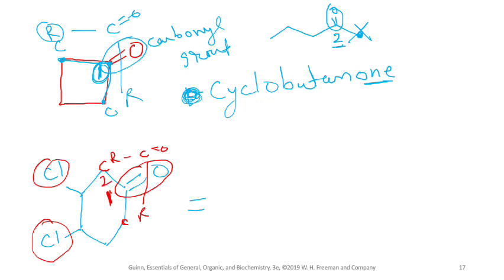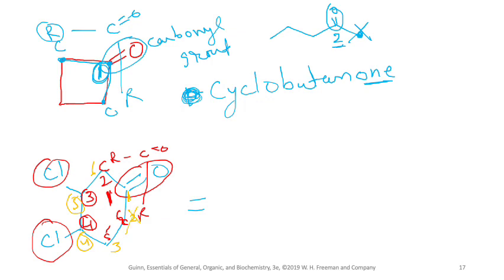If I go over here, 1 2 3 4 5 6, the substituents are getting third and fourth. But if I had gone the other way around, 1 2 3 4 5 6, then the substituents would get 4 and 5. So this is the wrong case. Then we should go anti-clockwise.